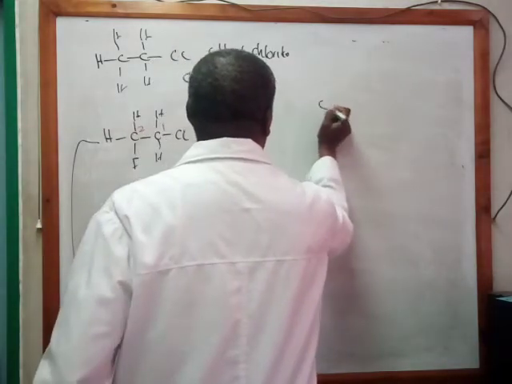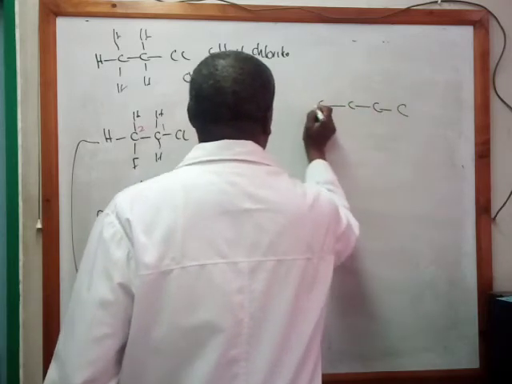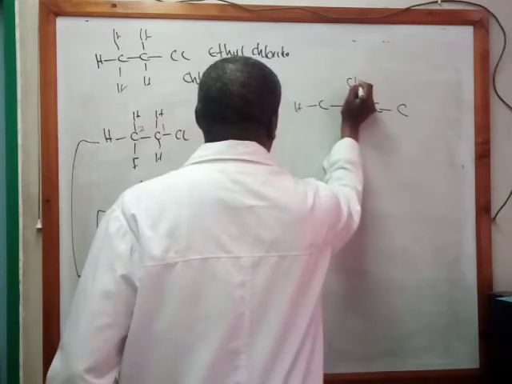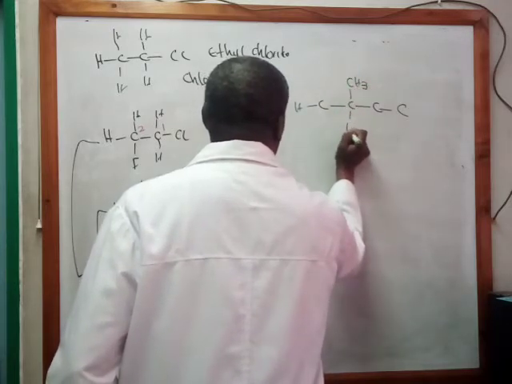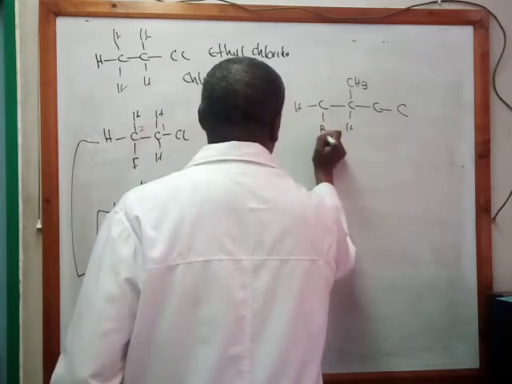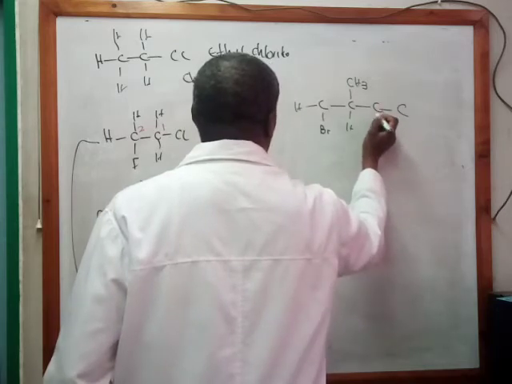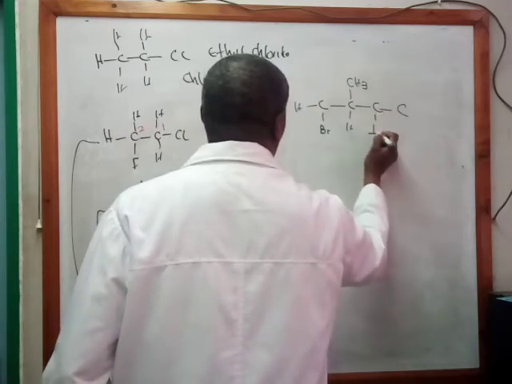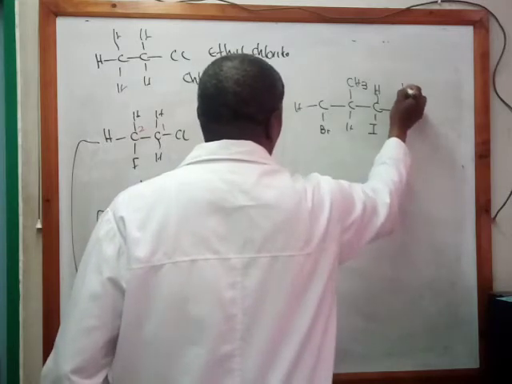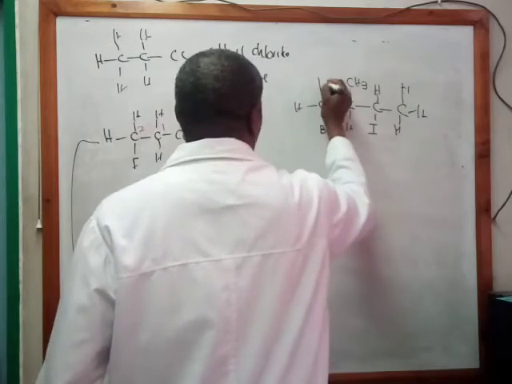So there is a carbon, 2, 3, probably 4. Probably I'll put a CH3 there. I'll put a hydrogen, and then probably a bromine there, and then maybe an iodine there, and then the rest I'll just put a hydrogen. All right.